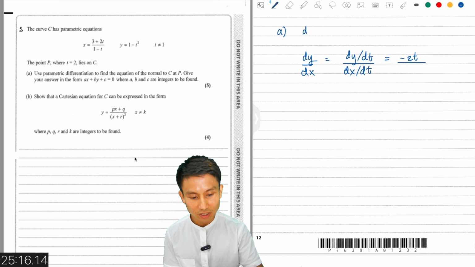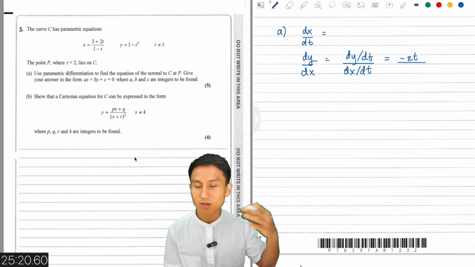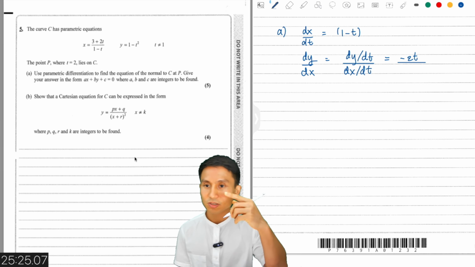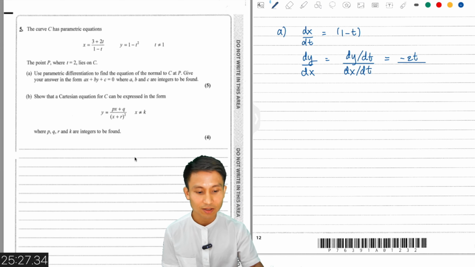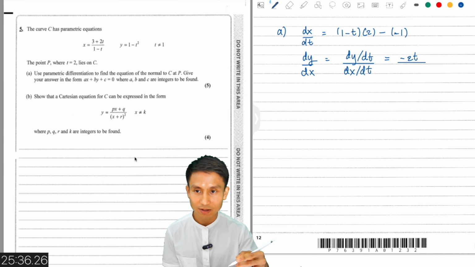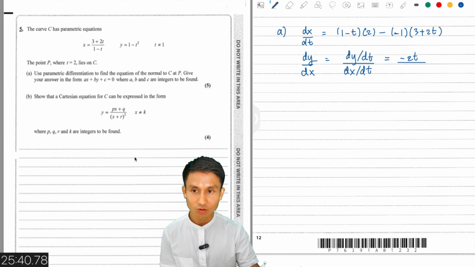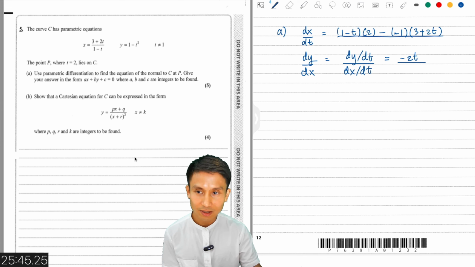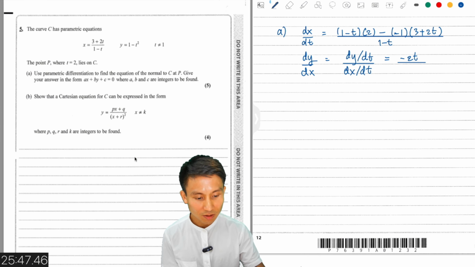So v is the bottom bit, u is the top bit. So we do v du. Du is differentiating 3 plus 2t, so we get just 2 there. V du minus u dv, so dv is just minus 1, differentiating the bottom bit, and then keeping the top bit the same. That's u dv. V du minus u dv divided by v squared. So that's 1 minus t squared.